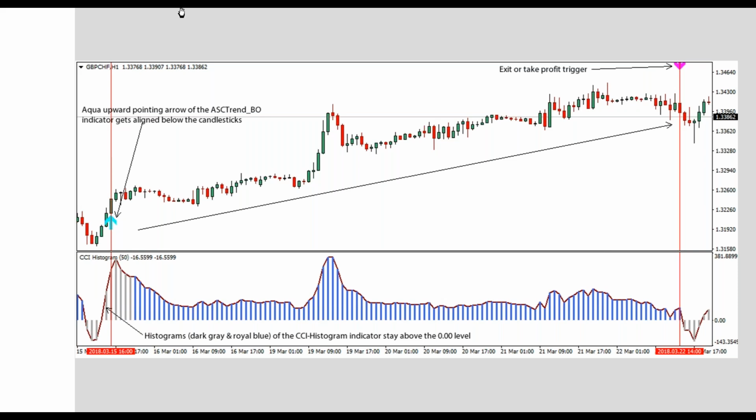And as you can see, it took a while, really, right? It spiked higher where there was a lot of enthusiasm initially, but there was a lot of sideways movement.